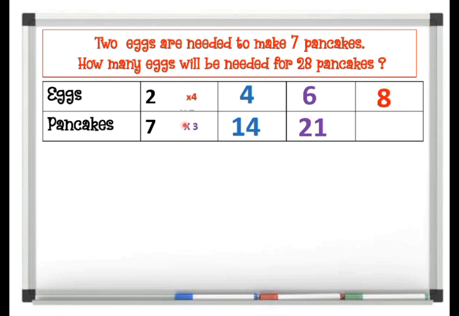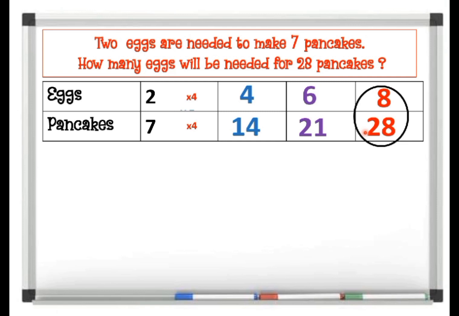So, kung inapat natin ang 2, ganun din ang 7. I-multiply natin siya sa 4. 7 times 4, magiging 28. Ang 28 na pancakes, kakailanganin ang 8 na eggs. So, therefore, 8 eggs will be needed to make 28 pancakes.